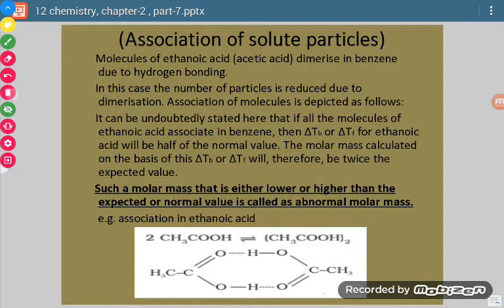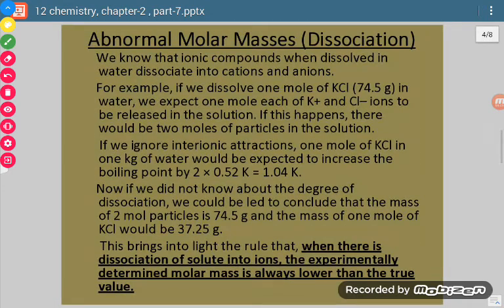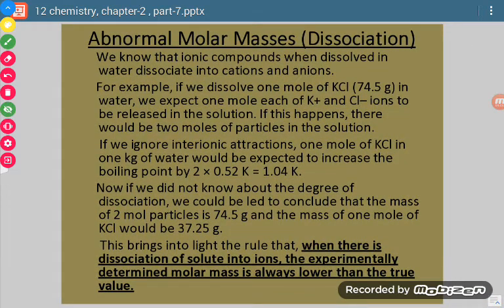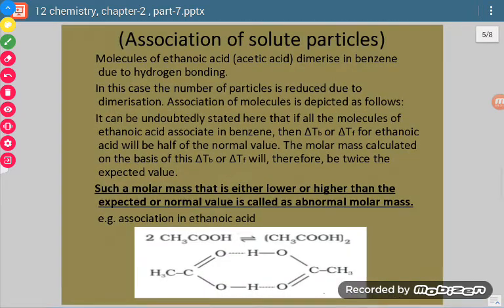Now see, what did we get in dissociation? The determined molecular mass was lower. Okay, so whenever dissociation occurs, the determined molar mass is lower, but when association occurs, then due to association, the determined molar mass value is higher.